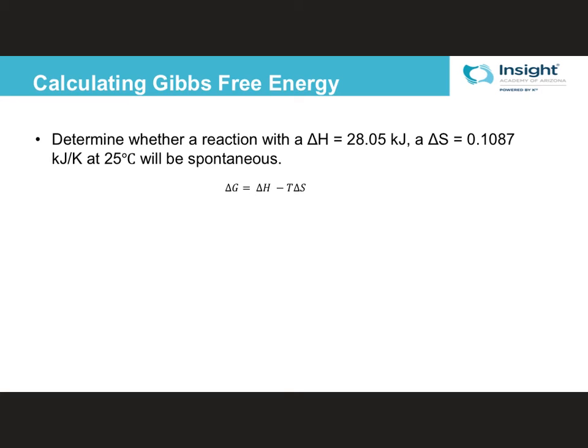but here is also an example of calculating Gibbs free energy. Again, you're going to have to be given these values. Say we have a reaction that is endothermic, so delta H is positive. I'm going to plug my delta H in for that, and then I'm going to subtract T delta S. 25 degrees Celsius is not in Kelvin, so I need to add 273 to get that into Kelvin.